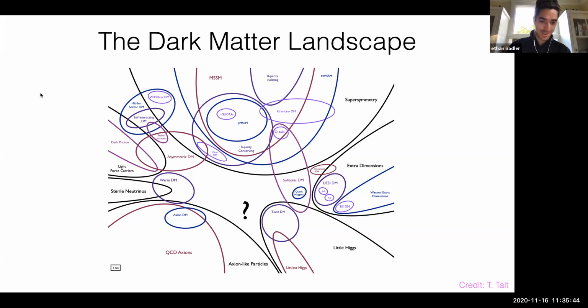Of course, we know from a cosmological perspective that dark matter is cold and collisionless on large scales, but that has to be an effective description, and we know that at a microphysical level it must break down, and there have to be unique signatures associated with the physics of the dark matter particle.